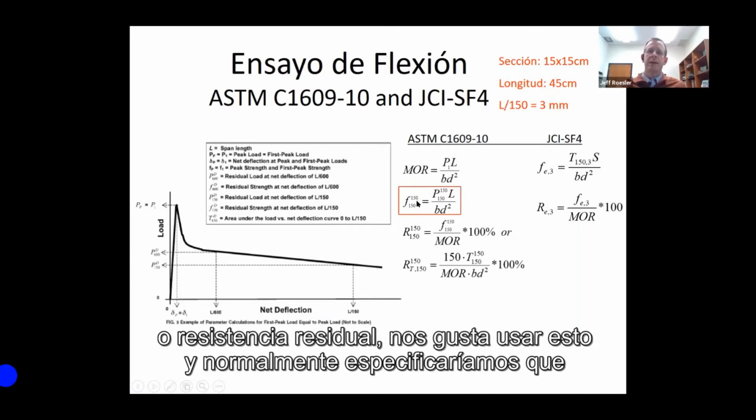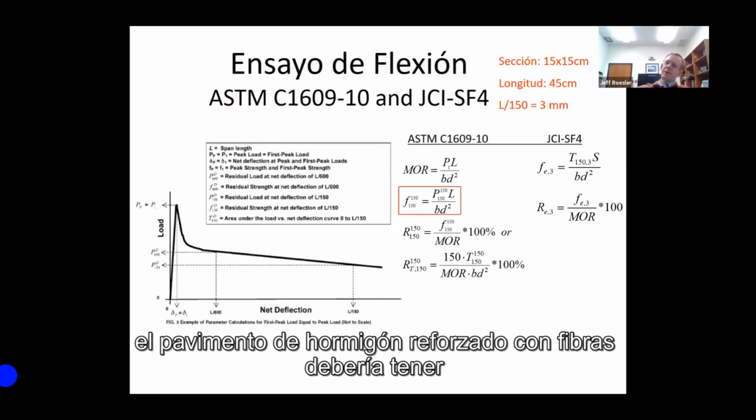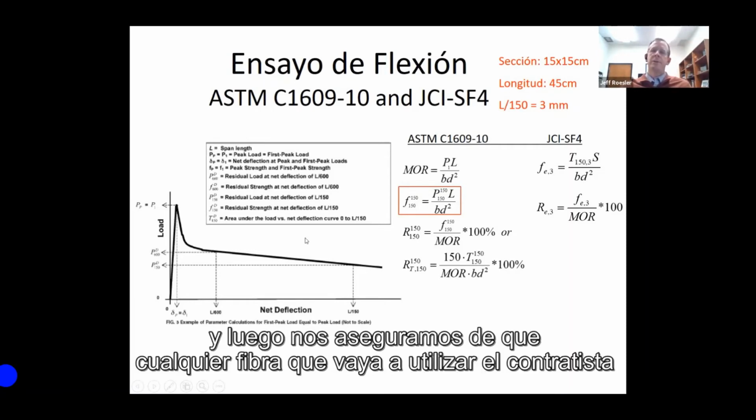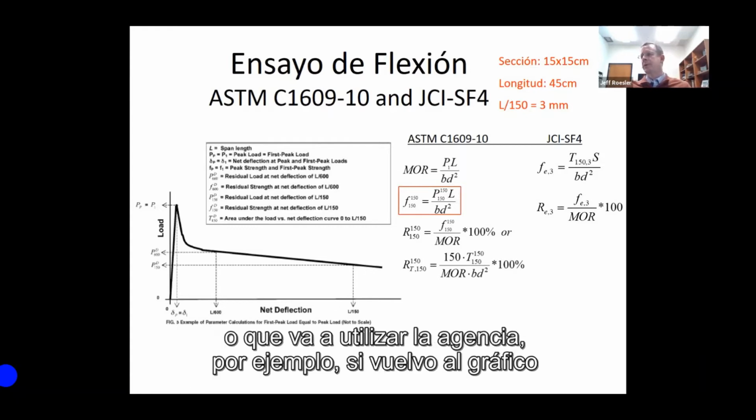We like to use that, and typically we would specify that your fiber reinforced concrete pavement should have a residual strength, or F150, of, let's say, 1 megapascal. And then we just make sure that whatever fiber the contractor or the agency is going to use meets it.